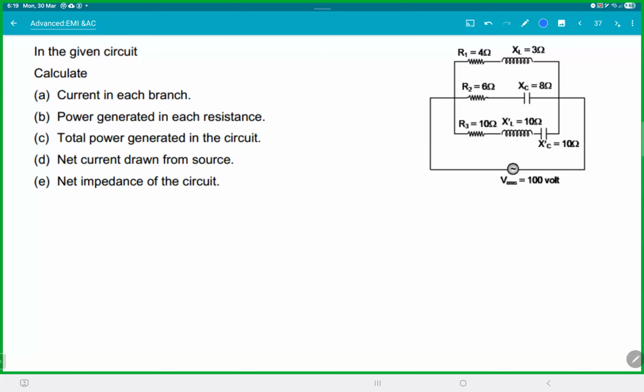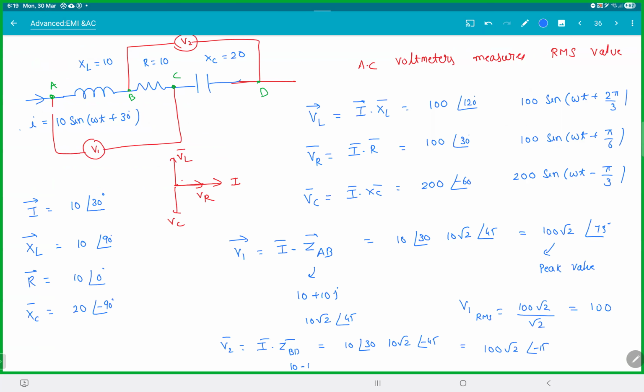If it's an RLC circuit, you can actually use your regular stuff. You can forget about all that complex stuff and you'll still get the answers, meaning if you know how to do the standard way. This is 10 minus 20j. This would be 10 root 5, and some angle alpha, tan inverse 2.